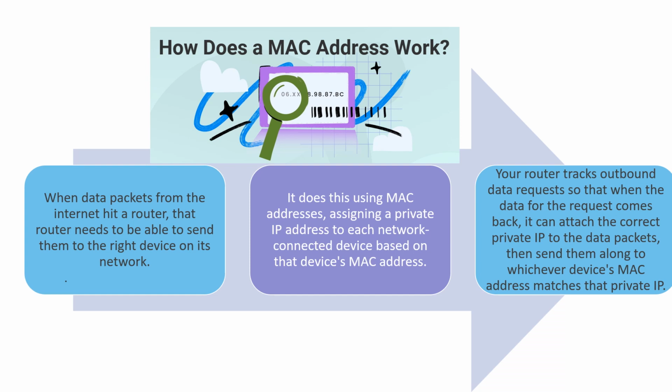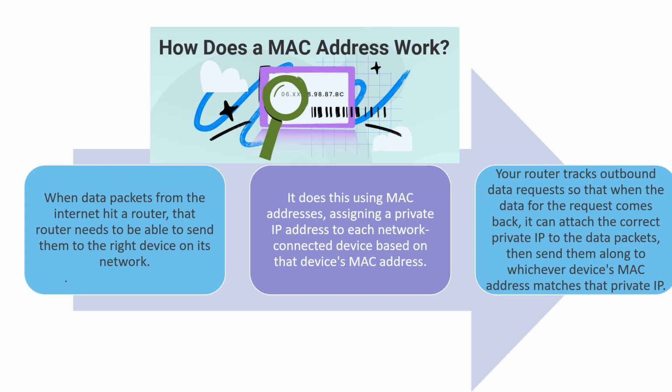When the data for the request comes back through the router, it can attach the correct private IP to the data packets, then send them along to whichever device MAC address matches that private IP. That is, whichever device requested the data, the data should pass to that device correctly.